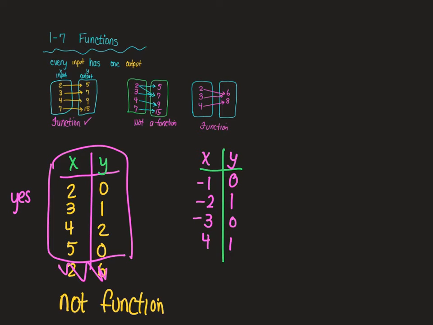Are there any repeats? No repeats, so yes, it is a function. It passes the test. Every input has one output. It's okay that this input is 0 and this input's 0, but every time you put a -1 as an input, you have to get a 0 back out.